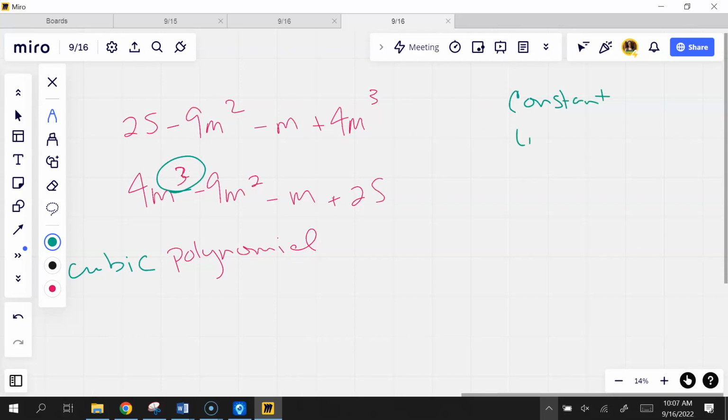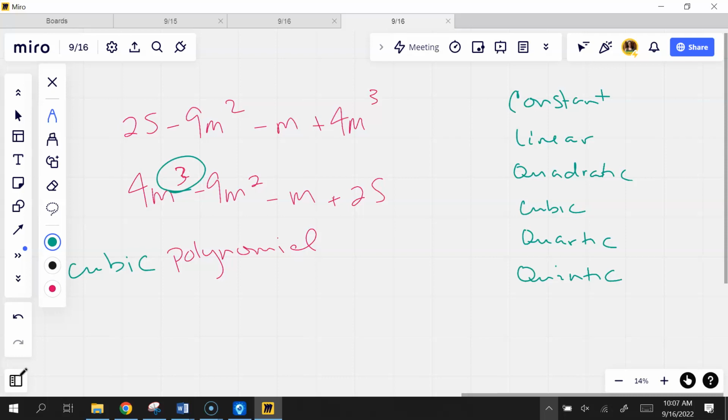Constant. Linear. Quadratic. Cubic. Quartic. Quintic. Then we just call it an nth degree polynomial, 6th degree polynomial.